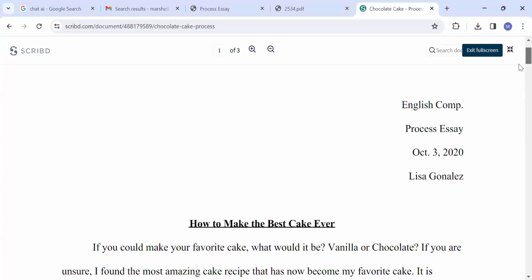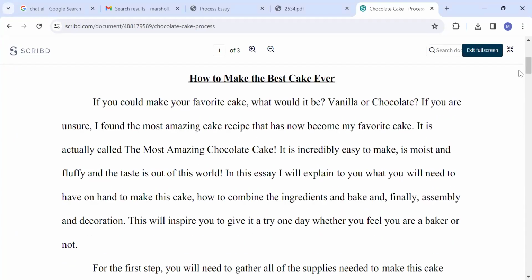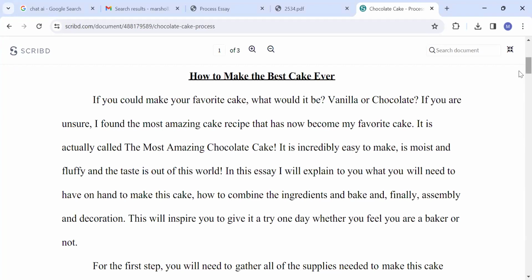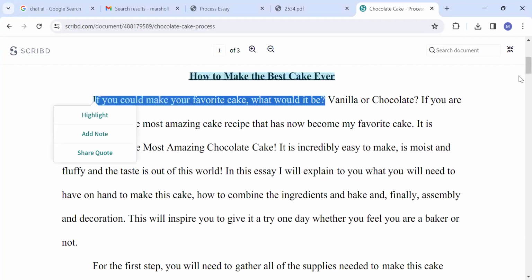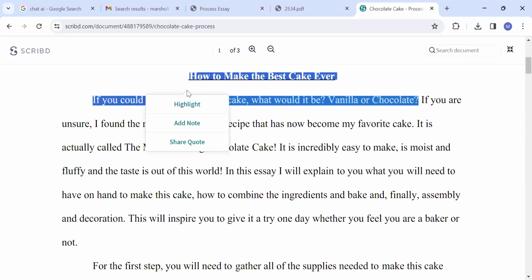Okay, so how to make the best cake ever. Now, I don't particularly like this start, and this is one of the very common starts that I told you about. If you could make your favorite cake, what would it be? Vanilla or chocolate? You see, if you're not a cake person, you're already not interested in this topic.